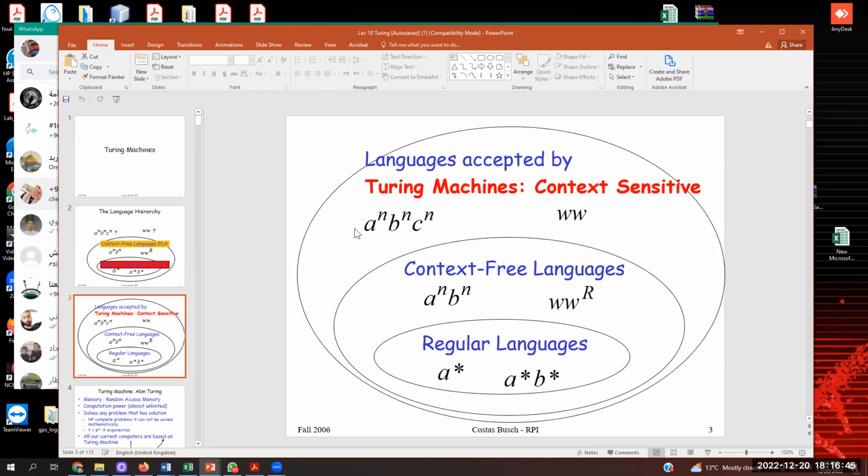It can remember the values: the number of A's, number of B's, number of C's, and if I have D, it will be a number of D. It can do a language like this when you have a word followed by the same word. It can remember that we have this type of language.